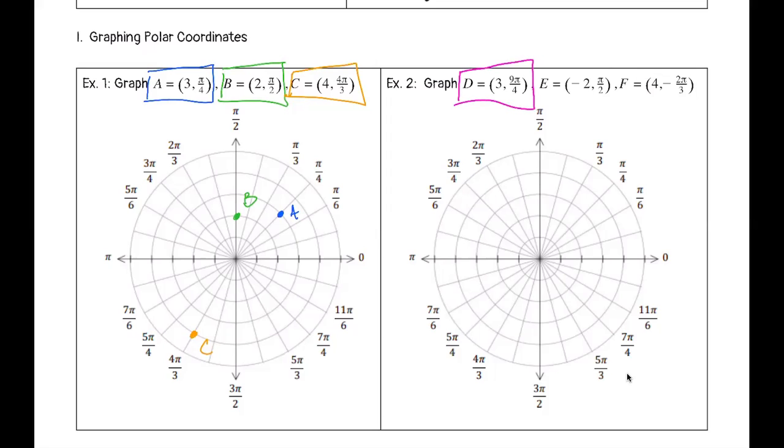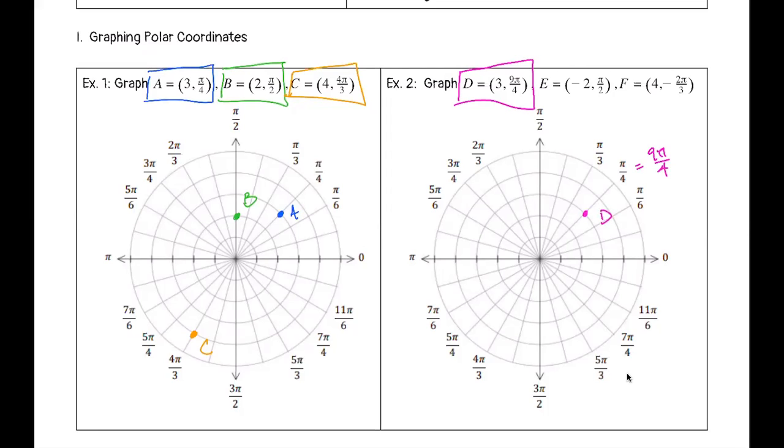All right, so 9 pi over 4, where is that? In pi over 4? Yeah, it's the same place as pi over 4, right? We just keep counting until we get to 9 pi over 4. And so 9 pi over 4 is equivalent to pi over 4. And then I'm going to go out 3.